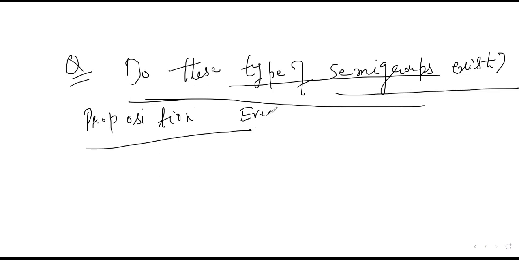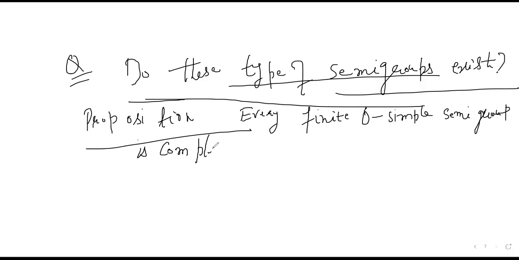Every finite zero simple semigroup is completely zero simple. तो हमें यहाँ पे सिर्फ एक ही चीज देखनी है कि इसमें परमिटिव आइडेम्पोटेंट है या नहीं, क्योंकि पहली कंडीशन जीरो सिंपल वाली कंडीशन तो आपके पास है, यू आर गिवन दैट इट इज जीरो सिंपल.